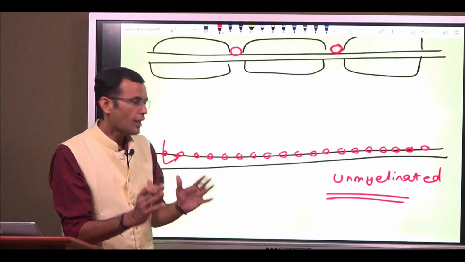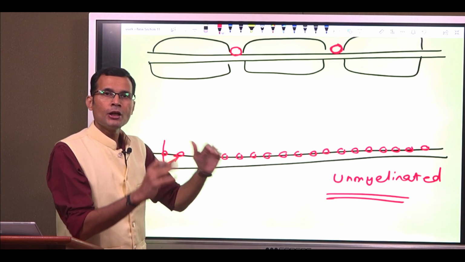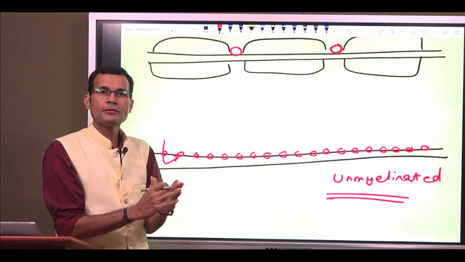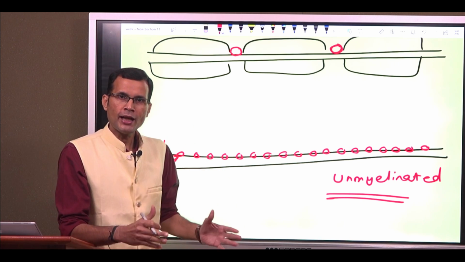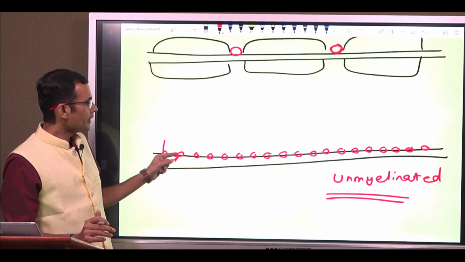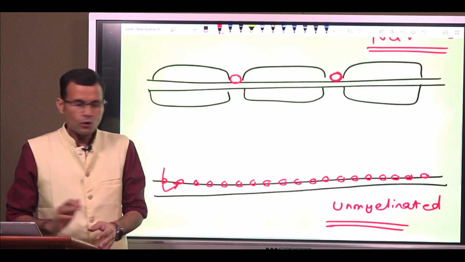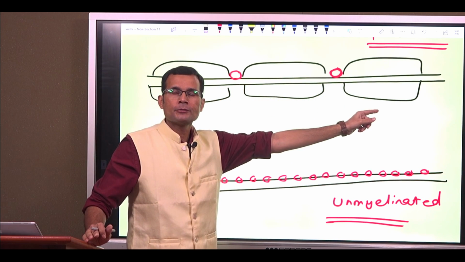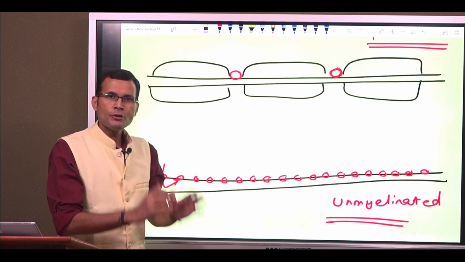The positive charges that are coming in should reach the next location of sodium channels in substantial amounts, whether it is the immediate next point in the case of unmyelinated nerve fiber, or the next node of Ranvier in the case of myelinated nerve fiber.